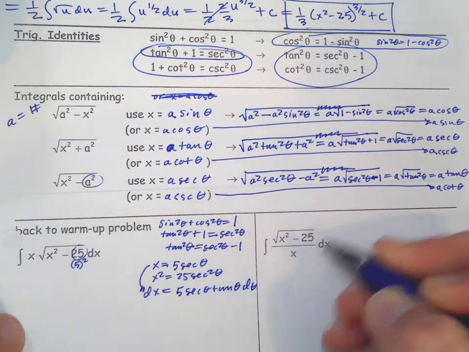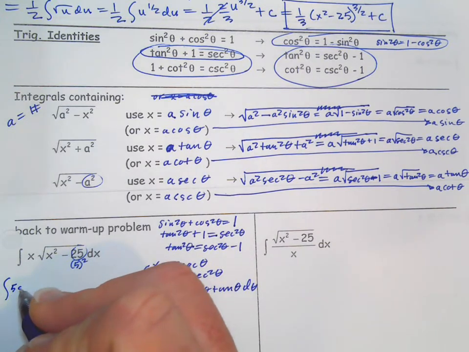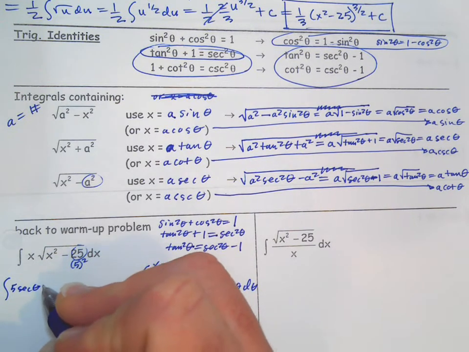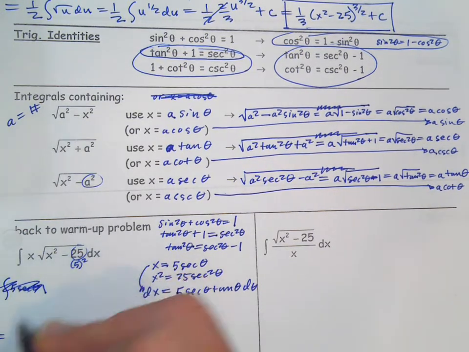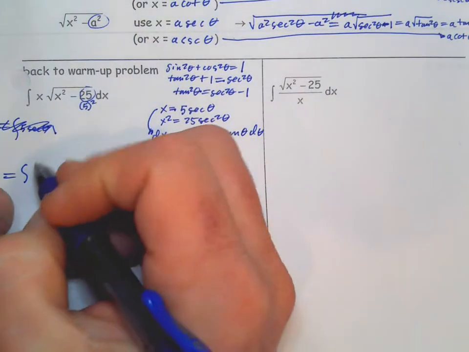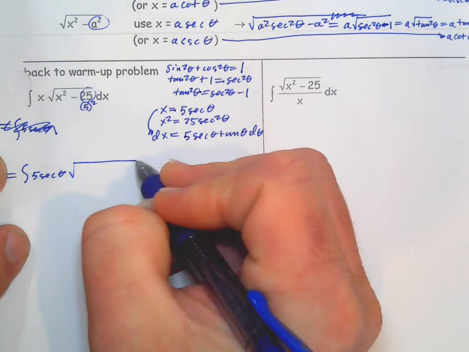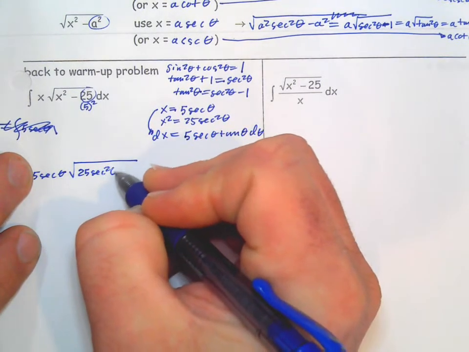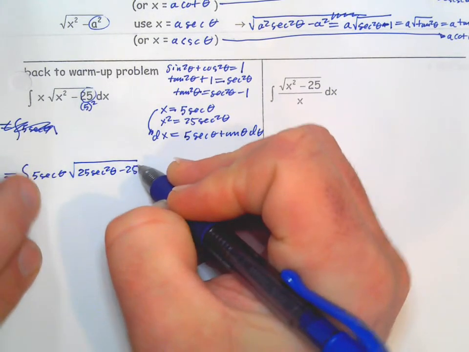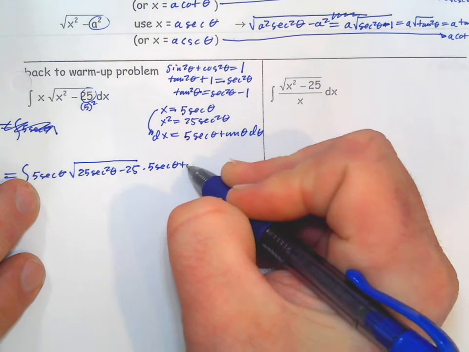So we're going to rewrite this, and x equals 5 secant theta, right? And actually, I'm going to write right here so I have more room. x is 5 secant theta, square root of 25 secant squared theta minus 25. dx is replaced with 5 secant theta tangent theta d theta.